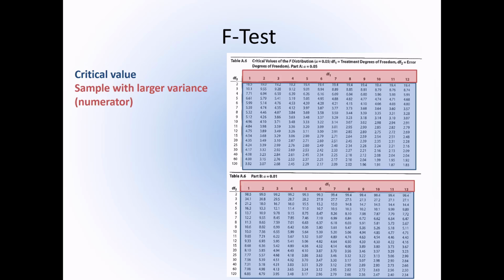And then in the first row, we have the degrees of freedom for the sample with the larger variance. Now, it's going to be key to understanding which of our samples is our numerator and which is our denominator, and so that's why we're going to go through several examples for practice. Because the first column will be the degrees of freedom for the sample with the smaller variance, or the denominator.